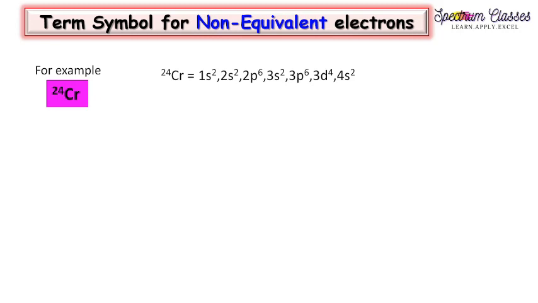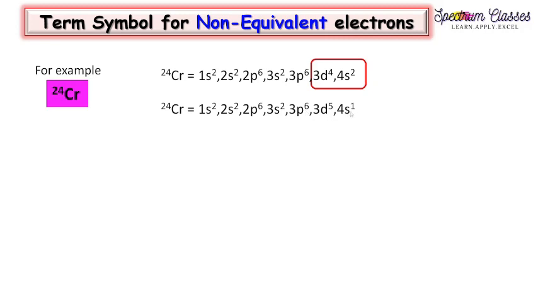Now coming to the non-equivalent electrons. Here I am sharing the information related to chromium, 24, which again has an exception. The expected electronic configuration for chromium 24 is 3d4 4s2. This is expected, but it is not like that. It has the 3d5 4s1 electronic configuration.